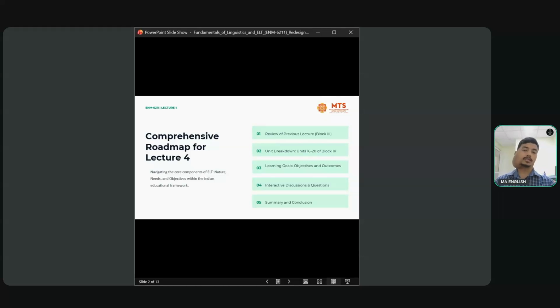And today we shall be doing block 4 of the course ENM 6211, that is Fundamentals of Linguistics and ELT. As you can see, this particular course, we have moved through blocks 1, 2, 3, and today we shall complete block 4.